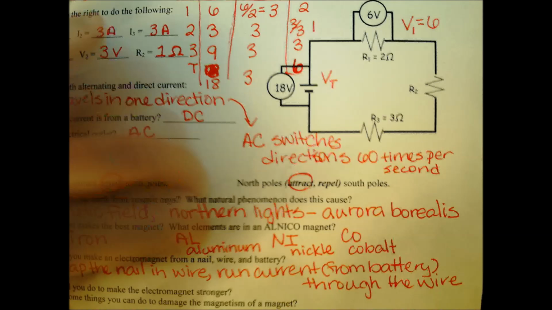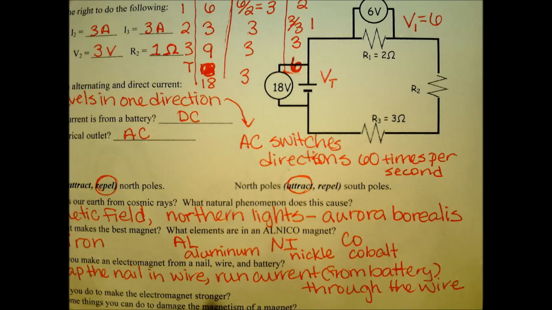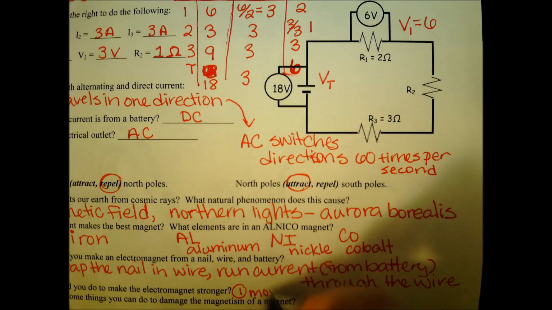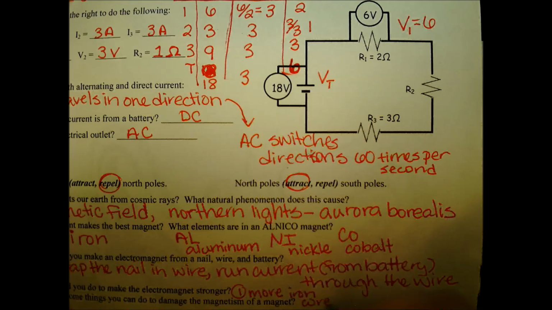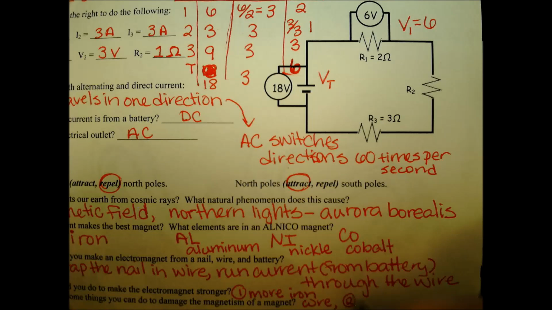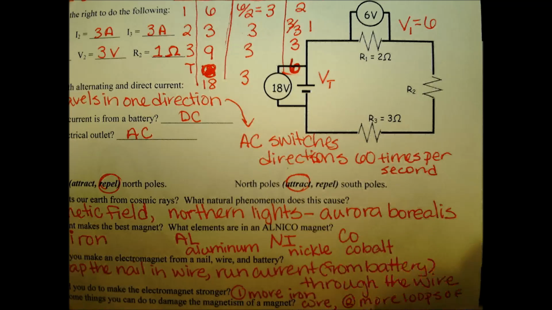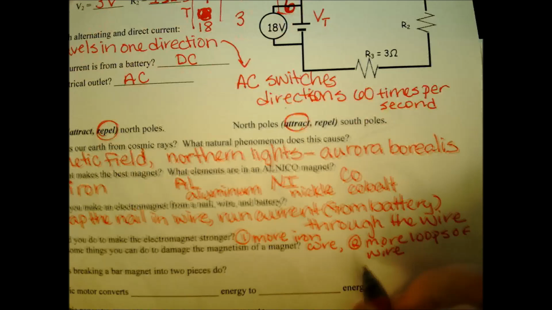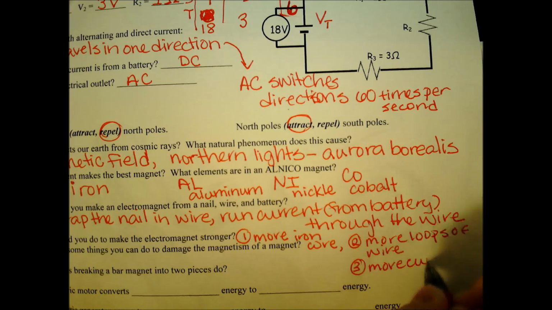Remember that an electromagnet's strength is dependent. Oh, okay. What could you do to make the electromagnet stronger? You could have more iron in the core. You could have more loops of wire. And you could run more current through the wire.